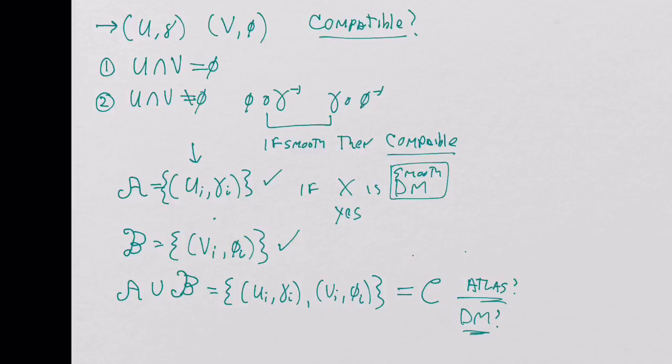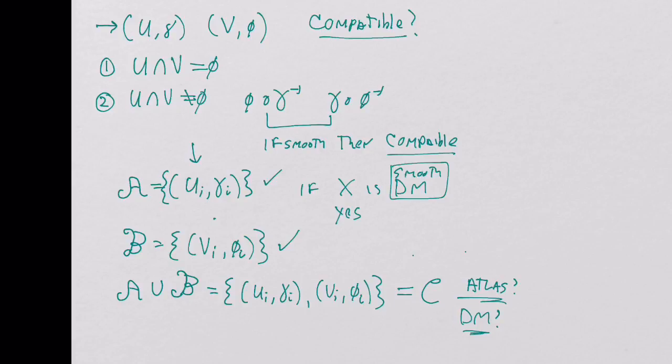But my question now is, if I do this every single time, am I always guaranteed that these charts are going to be compatible with those charts? Because if they're not, then the union is not an atlas of a differentiable manifold. If I can find a single pair of charts in here that are not compatible, then I no longer have a differentiable manifold.